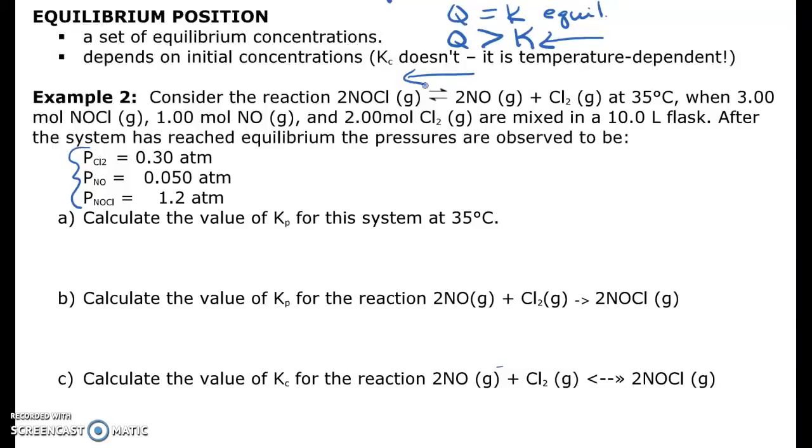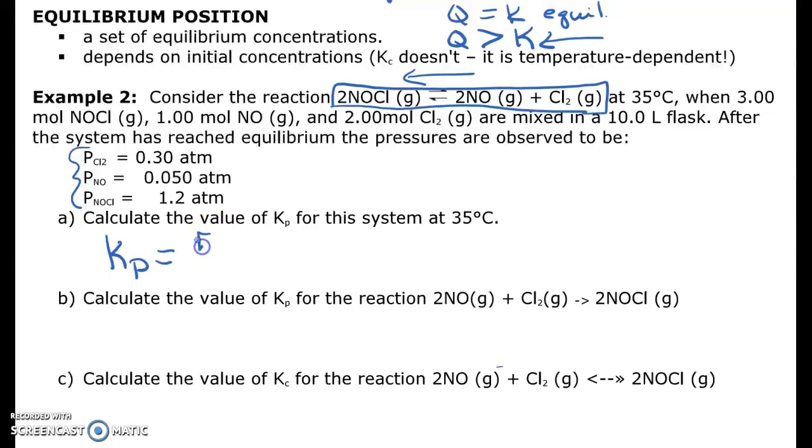If we're going to calculate a KP, it's the same general idea, but we're using our pressures instead of our concentrations. In this case, we're dealing with this equation here. We're always going to put our products over top of our reactants.